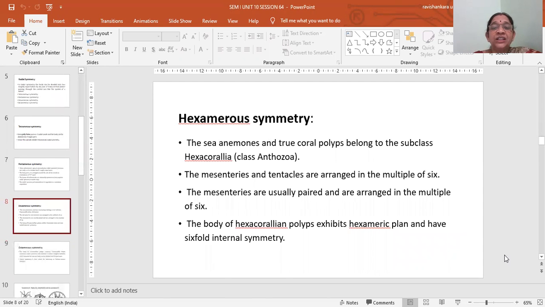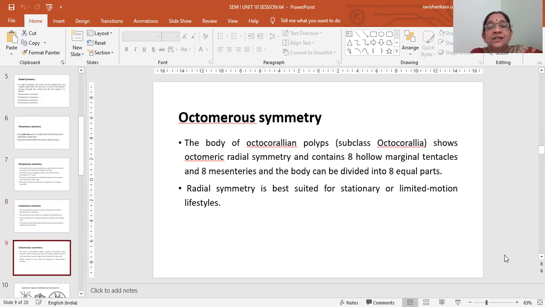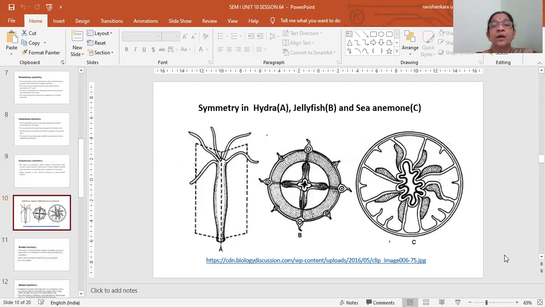And hexamerous is observed in certain hexacorallia corals, which come under the phylum Coelenterata, where the sea anemones and true coral polyps can be divided along the mesenteries, and the tentacles are arranged around the central oral disc, where we can divide the animal in six radii. Octamerous means octocorallian polyps can also be divided in 8 radii. We will get equal halves along 8 radii.